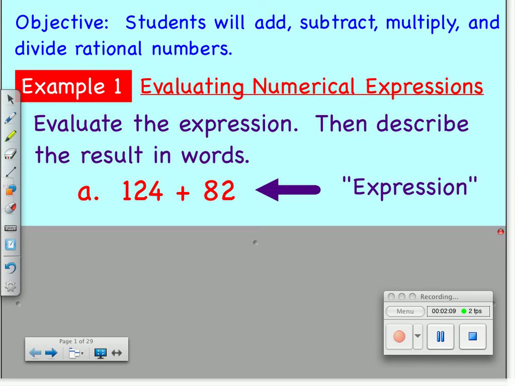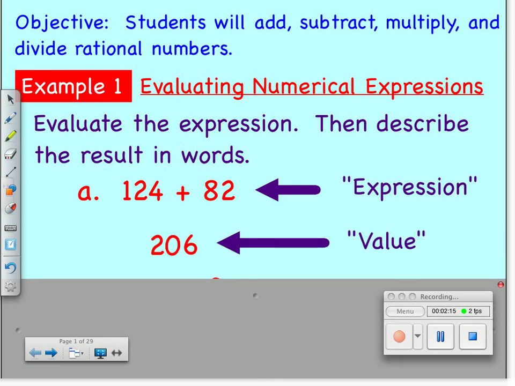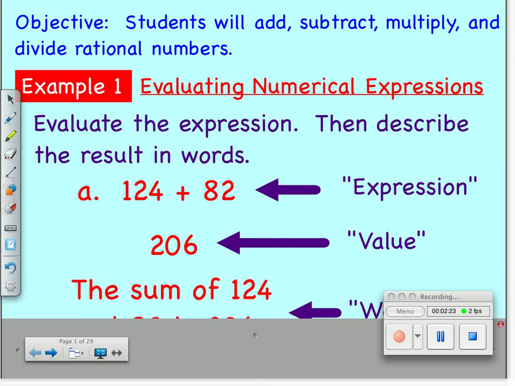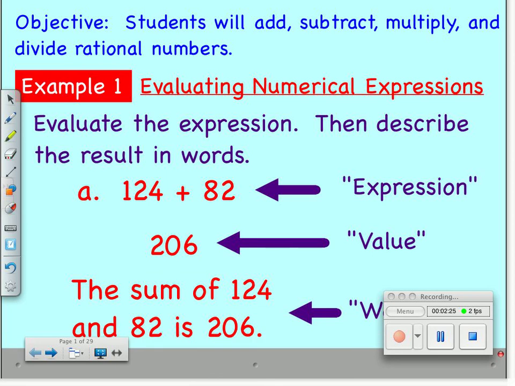Notice that there is no equal sign. That's what makes this an expression. The value of this expression is 206. And then putting that into words, the sum of 124 and 82 is 206.